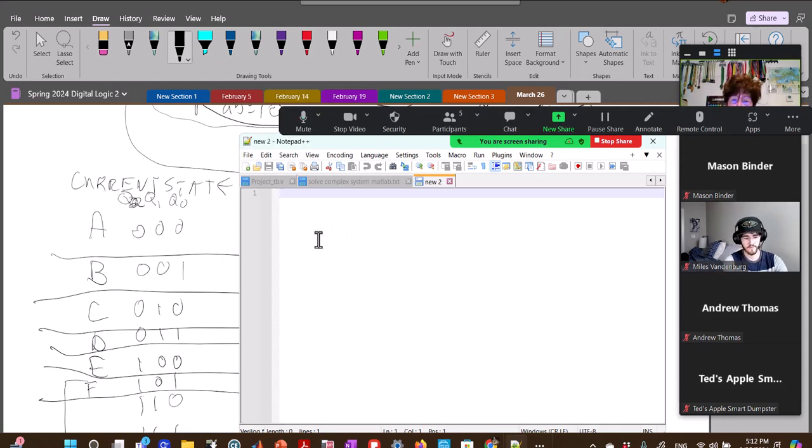Okay, so the first thing you want to think about is what your inputs and outputs are going to be. So module, I'm going to call mine vending. And we know we have inputs A, B, and a clock. So A, B, clock. And we have outputs U and V. That's defined for us, and that's all we need.